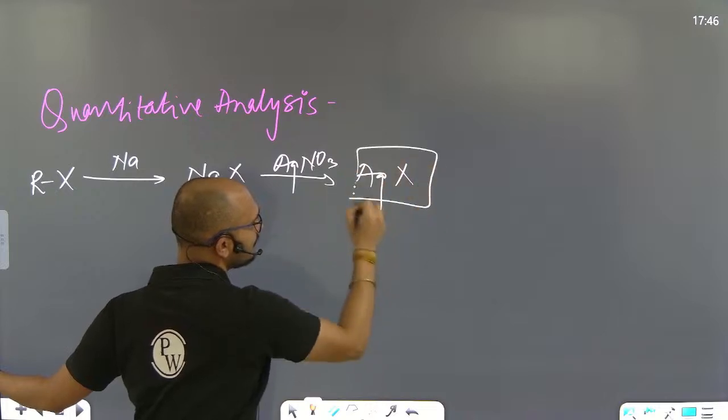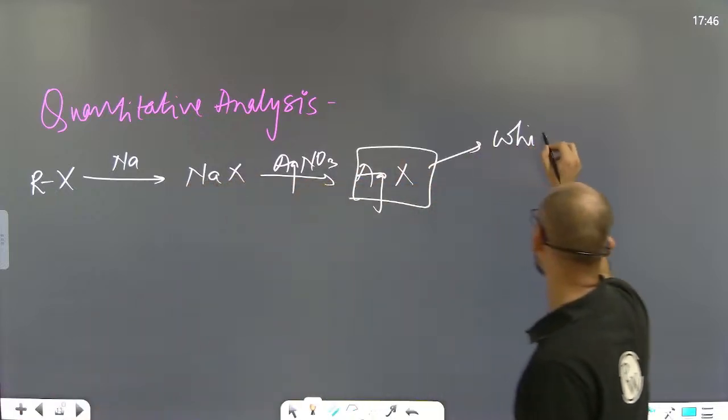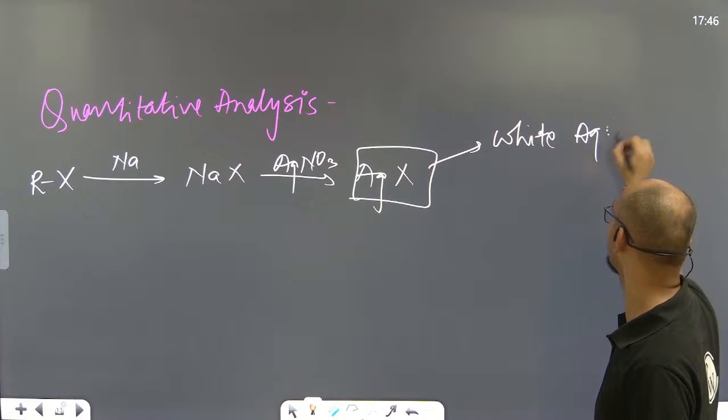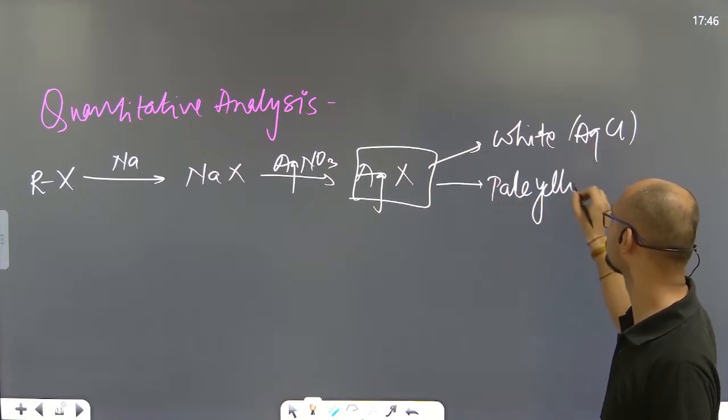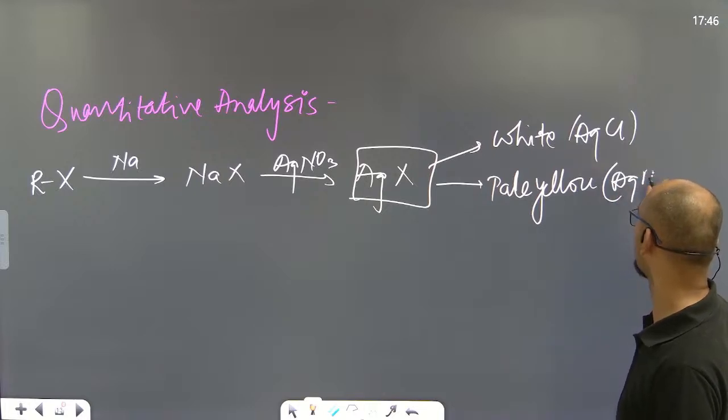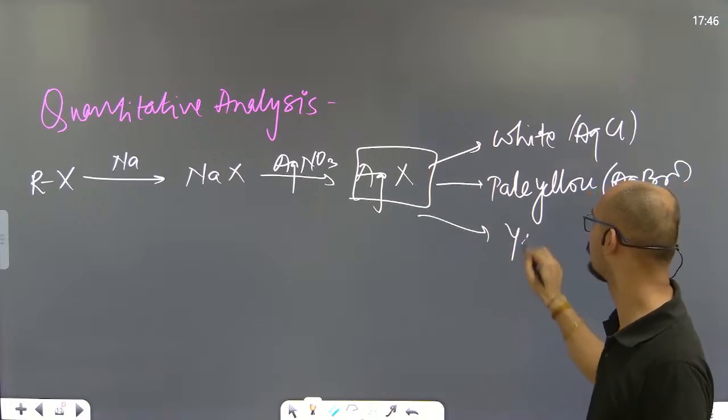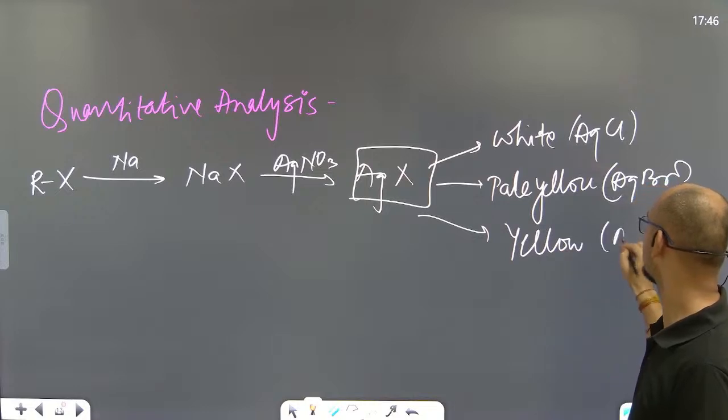Now AgX either may be white for AgCl, it may be pale yellow for AgBr, and generally yellow for AgI.